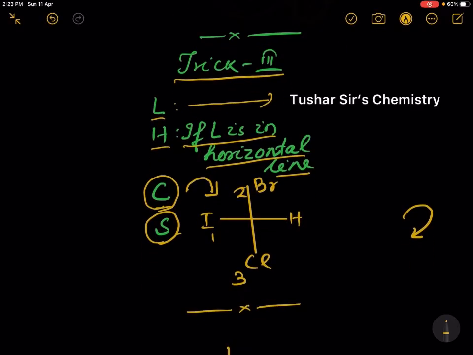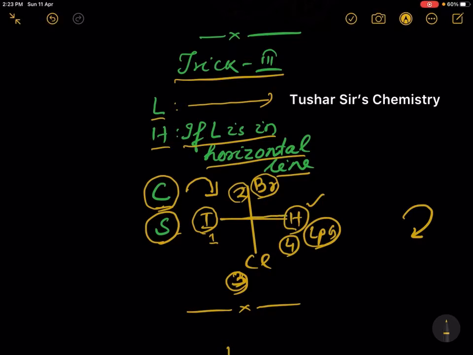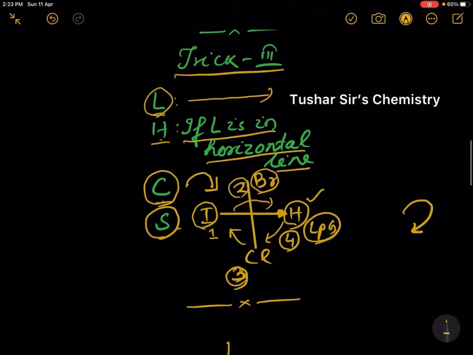You see, here I has the highest priority, so it is given number 1, then bromine number 2, then chlorine number 3, and H being the lightest, having atomic number 1, gets number 4. This means this is the lowest priority group. But this lowest priority group is in the horizontal line. Without rotating to this side, we can find the configuration from this trick LHCS.